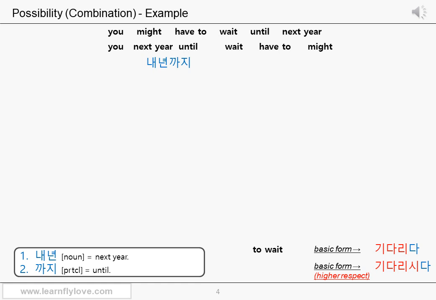The basic form of the main verb wait is 기다리다. In Korean, 기다리 is the stem. And then let's add the assistant verb which indicates necessity. There are two ways to indicate necessity. What was that? 아야 하다, 어야 하다, 해야 하다. Or 아야 되다, 어야 되다, 해야 되다.